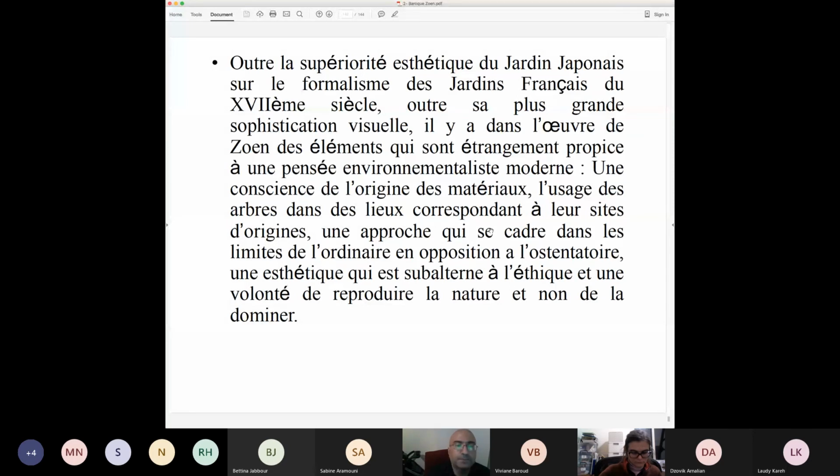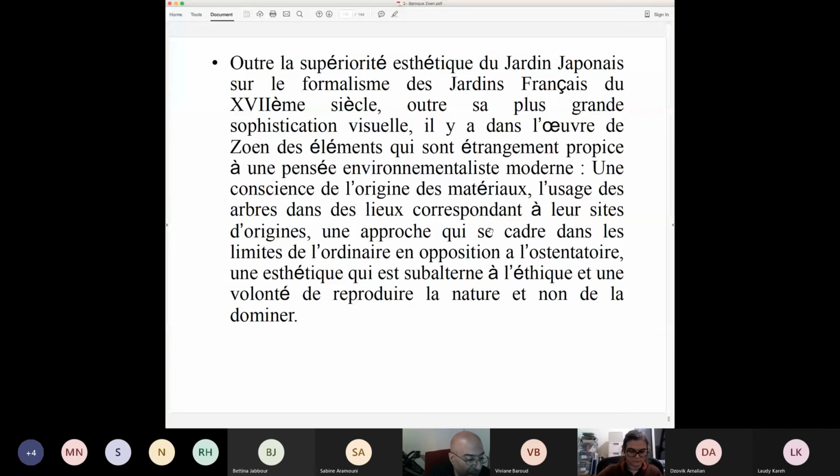But beyond that, there are elements, ideas, that are very strangely adaptable to a modern environmental approach. A consciousness of the origins of materials.